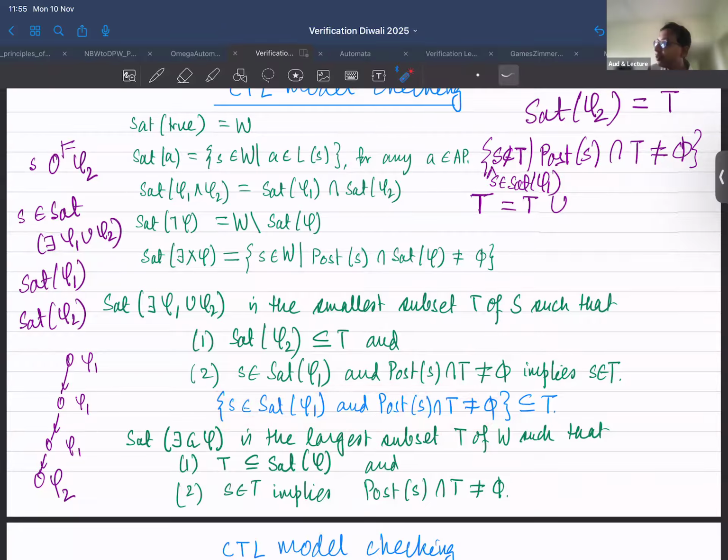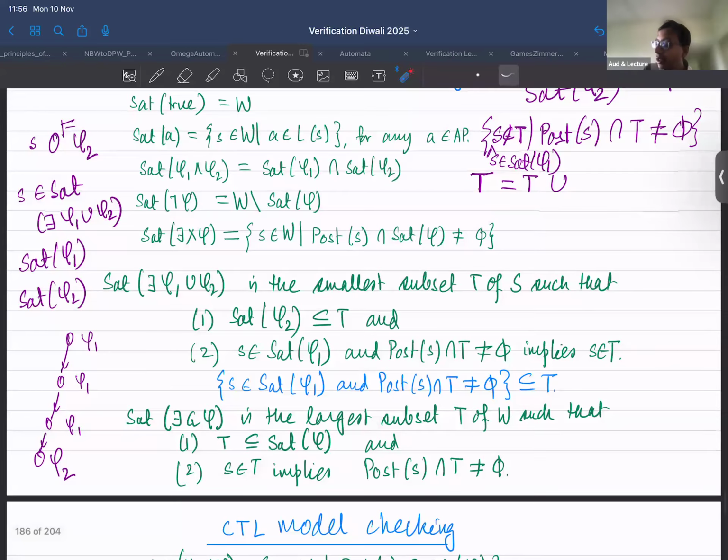Okay. So as long as you have such states which satisfy this condition, but they are not part of T, you keep including these states in your set T, and you actually keep enlarging the set T. Okay, until you no longer find any such state S which will be satisfying these conditions, as well as it's not inside T, right? So that's why it's the smallest such subset T of S.